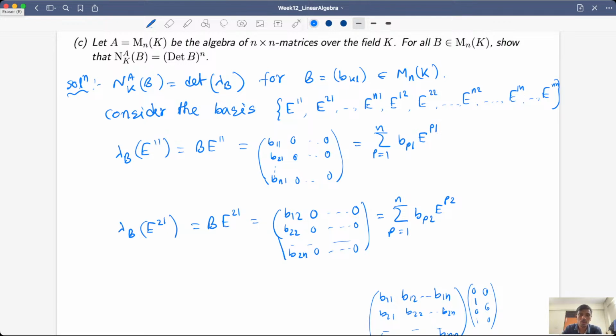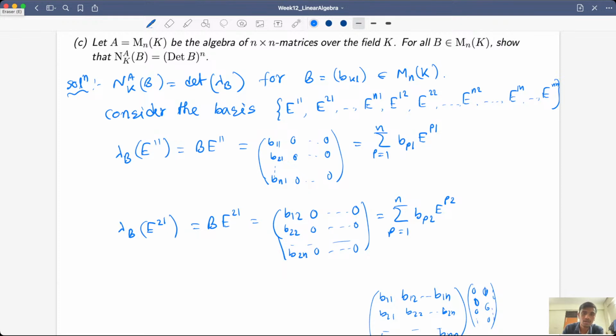Again if I do it for 1 2, I see this is again the first column only. So for E11, E12, up to E1n, if I multiply with b, I always get the first column.